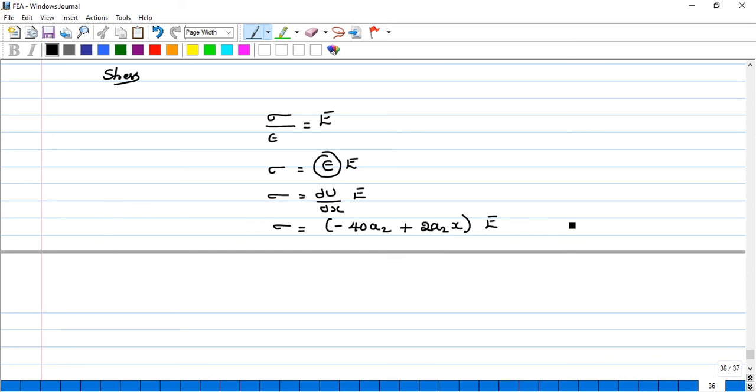We have three different points. X could be 0, X could be 20, and X could be 40. So for all these three values, we need to identify the stress.